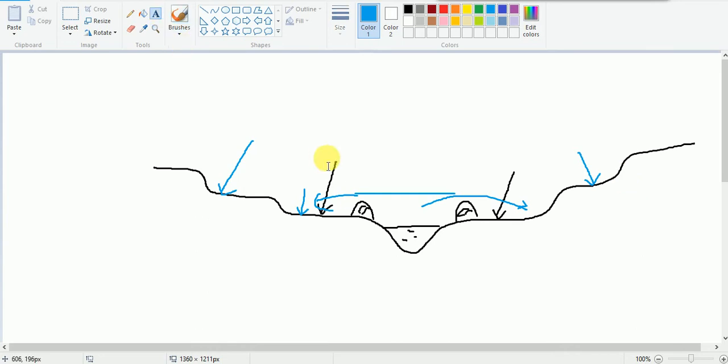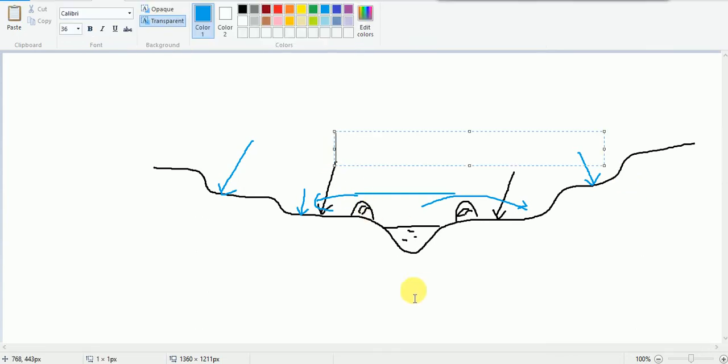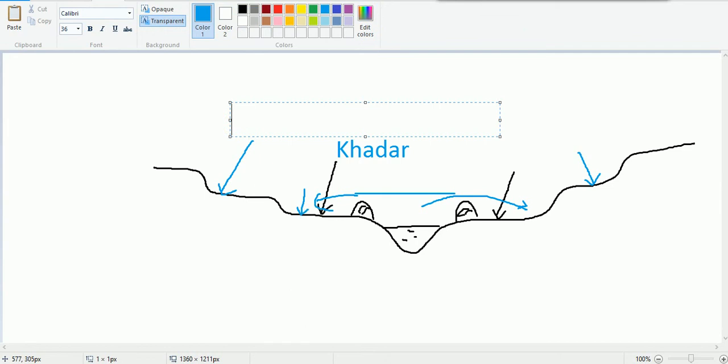So remember, here we have Khadar, and away from this soil we have Vangar.